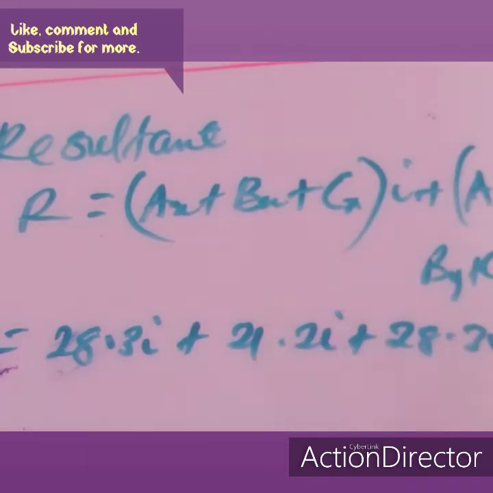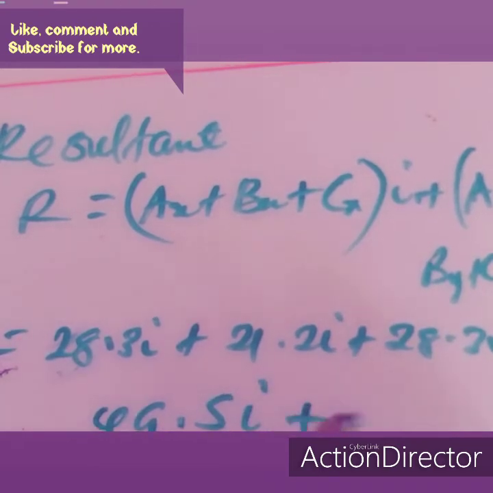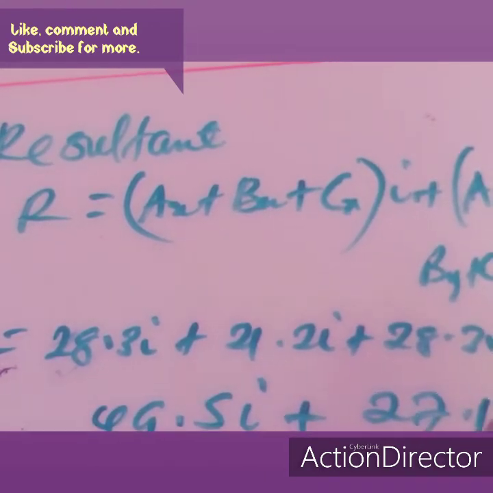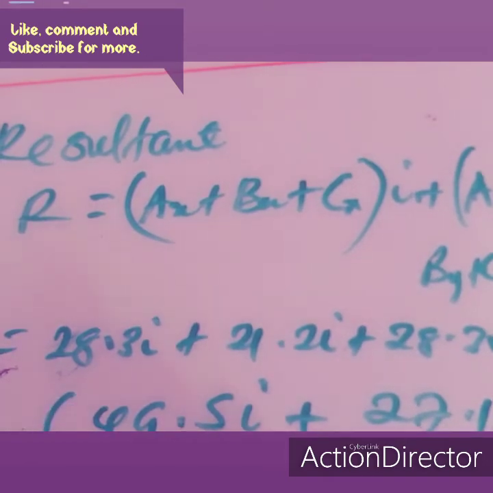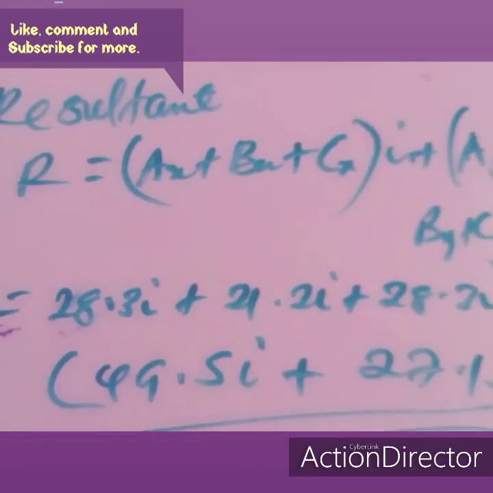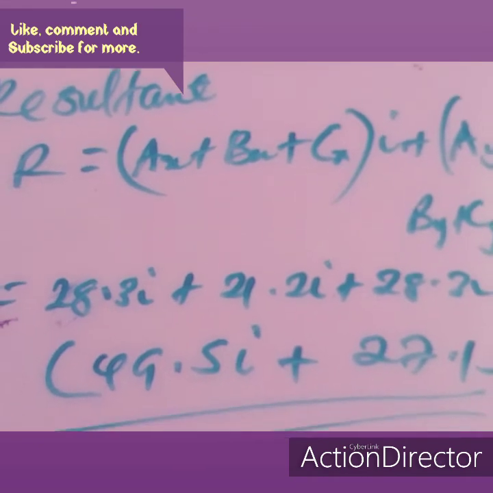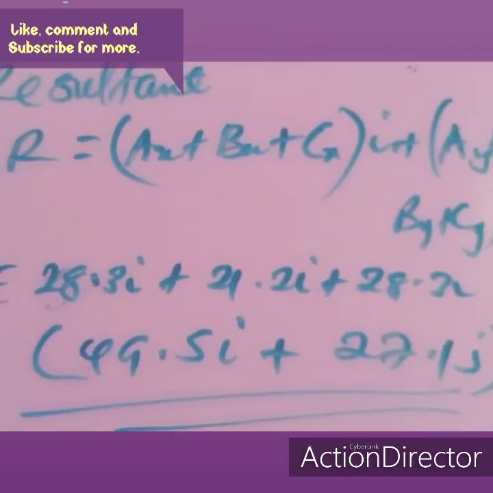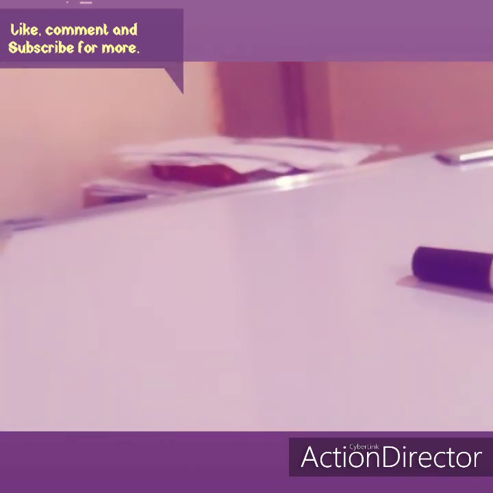You also add to the y-axis those values which you got. So it should give you something like 49.5 I plus 27.1 J as the answer of our resultant.